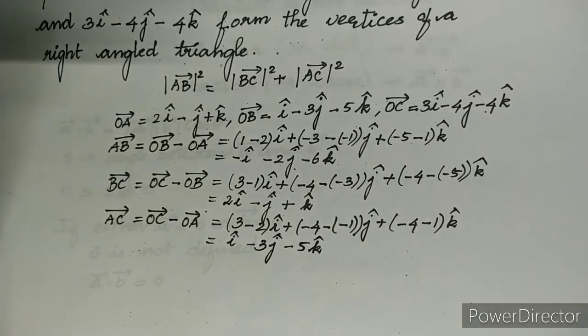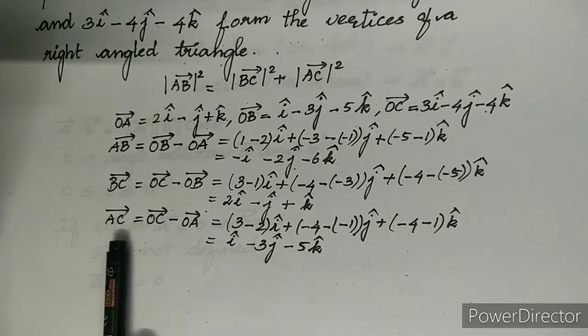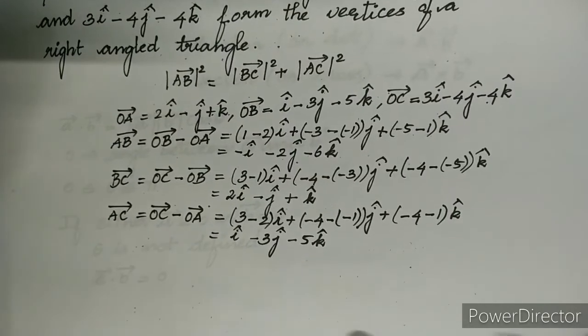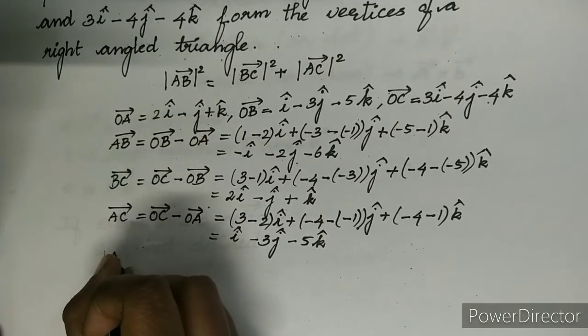Now we will find magnitude of AB vector square, magnitude of BC vector square and magnitude of AC vector square. That is, we have to write without roots.